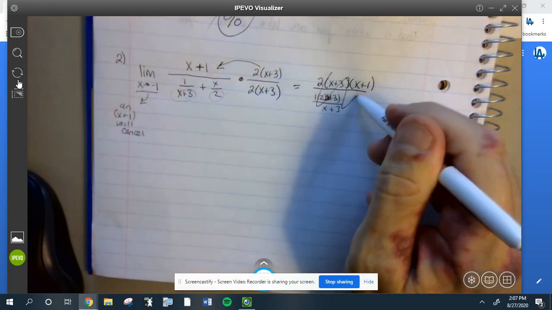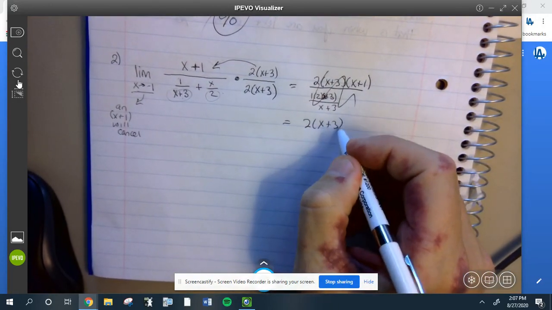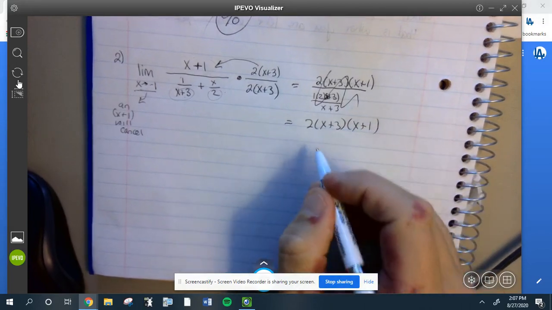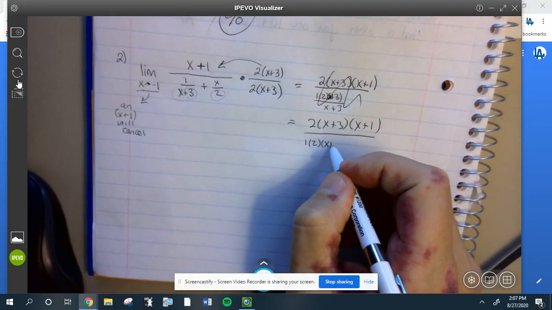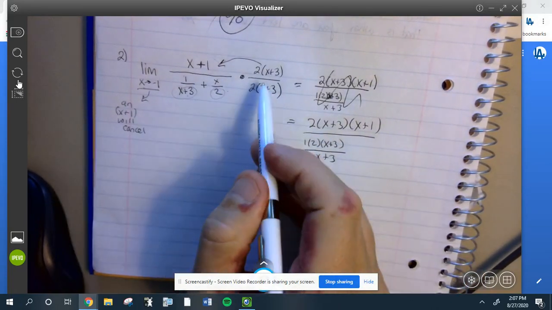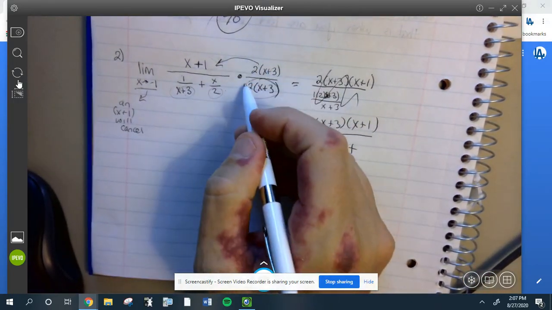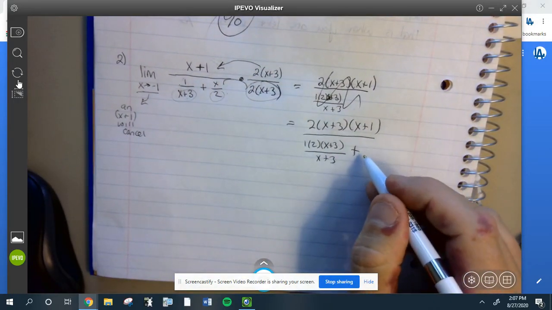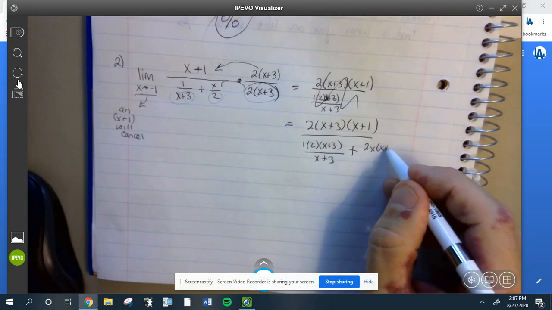Sorry, I don't want it to look bad. So that was this distributed here. Then plus this distributed here would be x times 2 times x plus 3, or 2x times x plus 3.